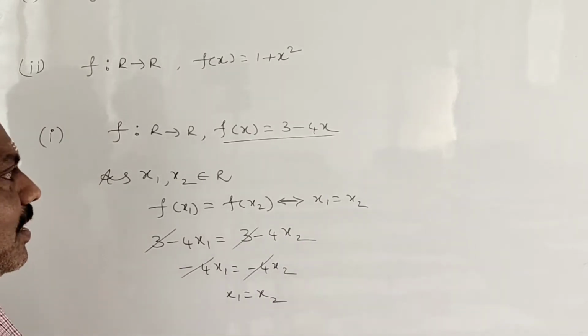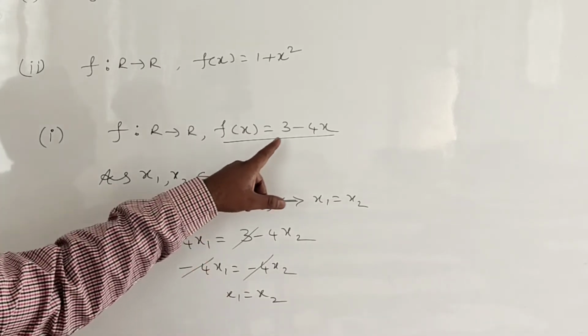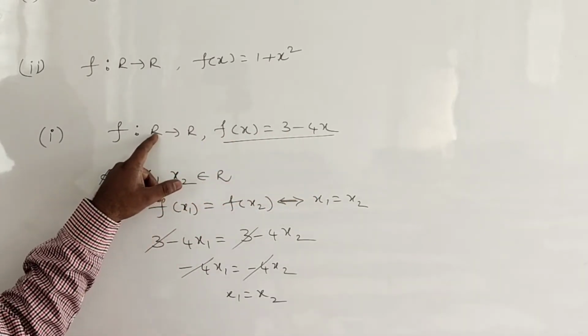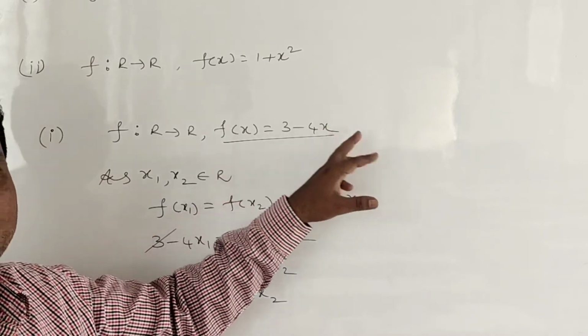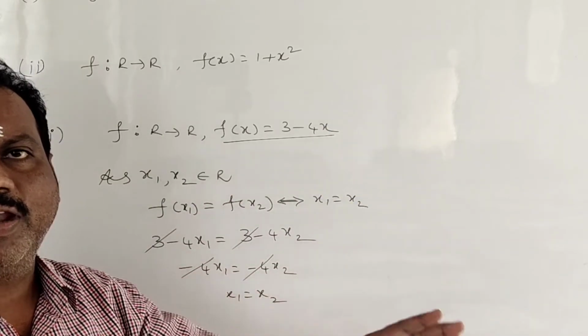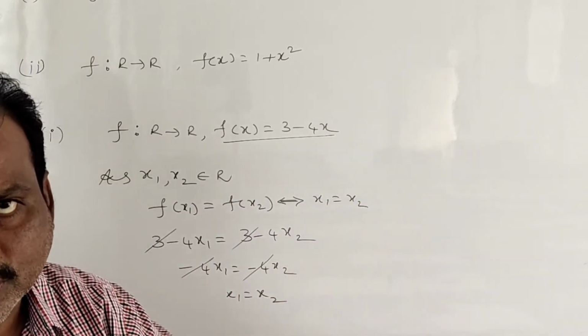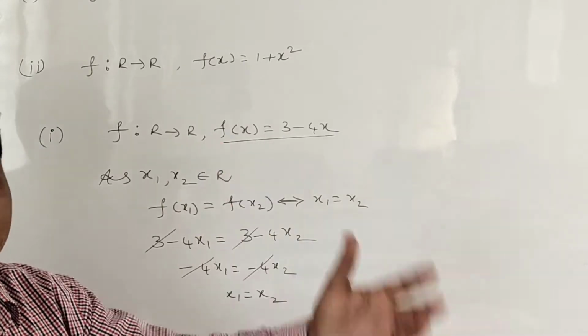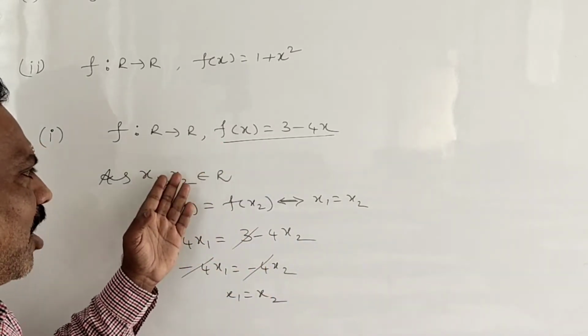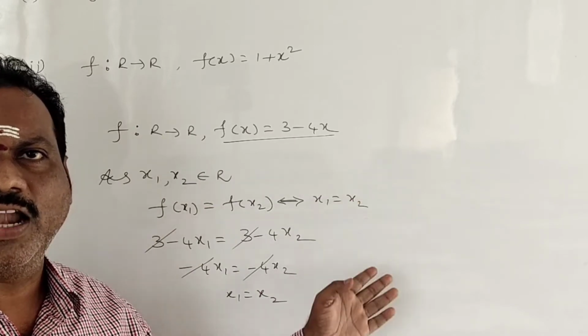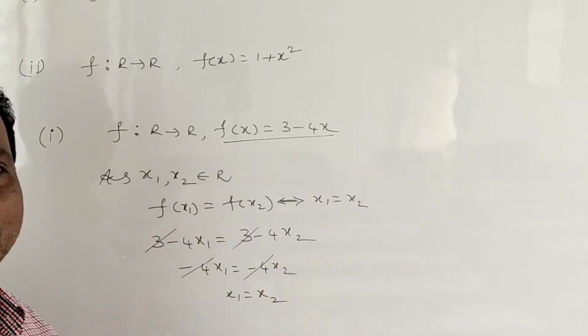That is one kind. Otherwise, you see that in this function, you can give any input and you are getting different outputs only. You will not get the same outputs. Understood, students? Taking all numbers and proving it is difficult. That's why we go for the mathematical definition.